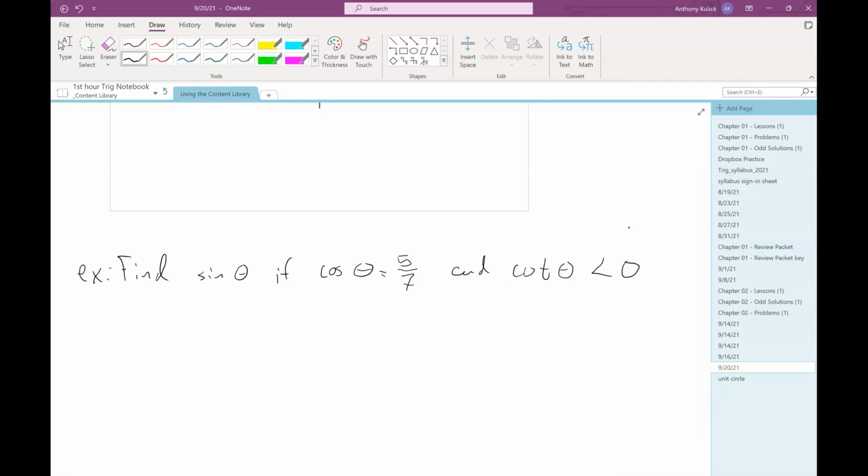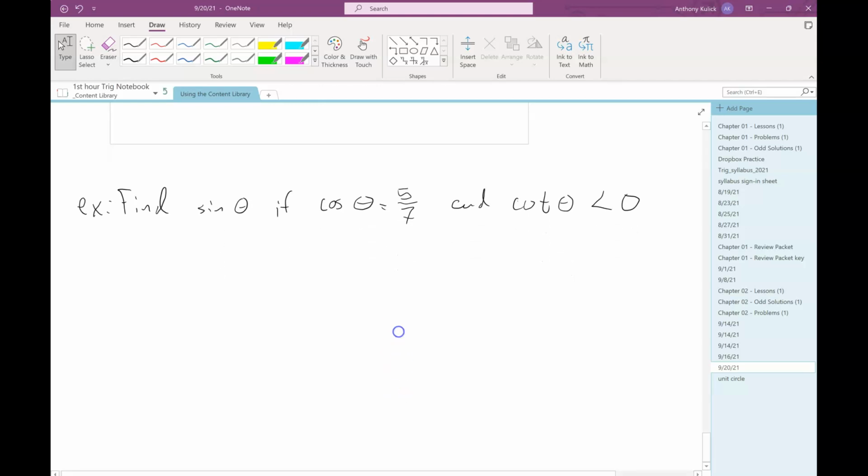So this question says we want to find sine theta if cosine theta is equal to 5 over 7 and cotangent theta is negative. All right, so let's think about what it is that we're trying to do.